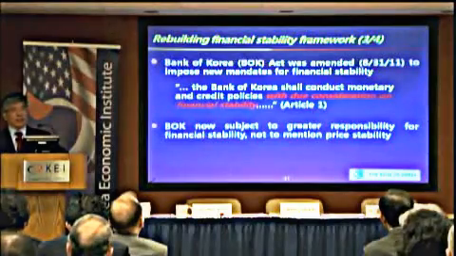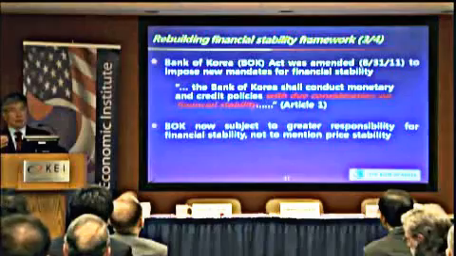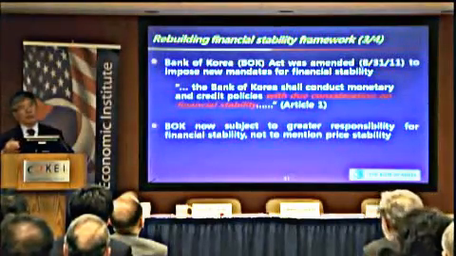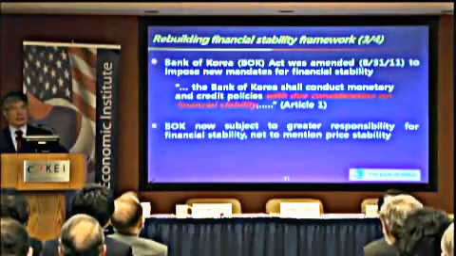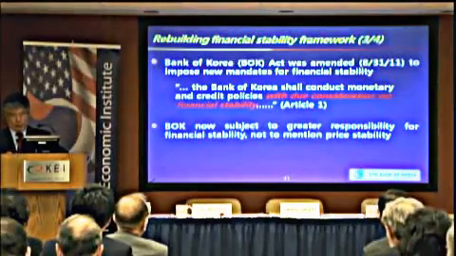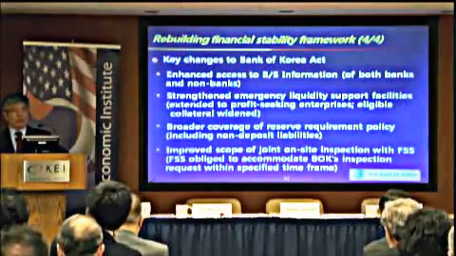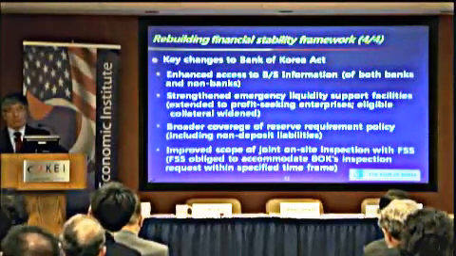Not maintaining the whole financial stability, but the new act stipulated that in carrying out monetary policy, financial stability has to be considered, or due consideration should be given. These are the key changes to the Bank of Korea Act, but due to time constraints, I'll skip the detailed explanations.